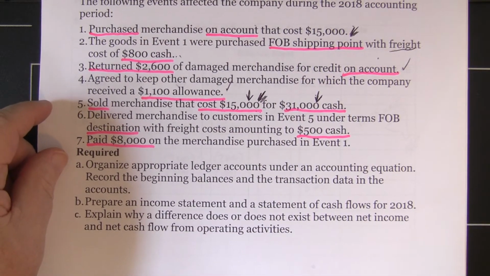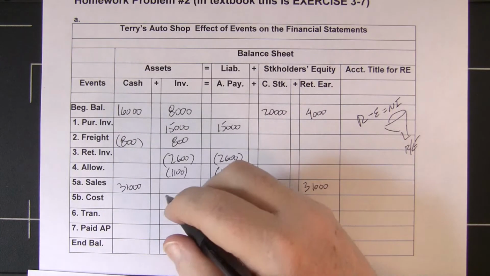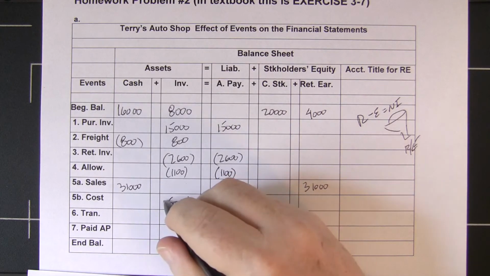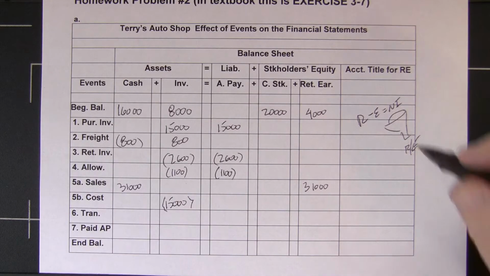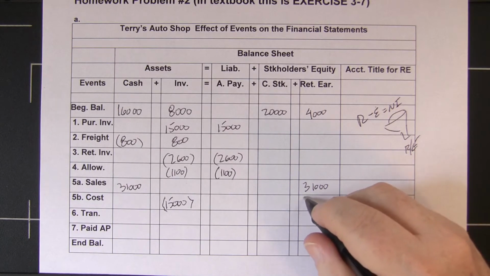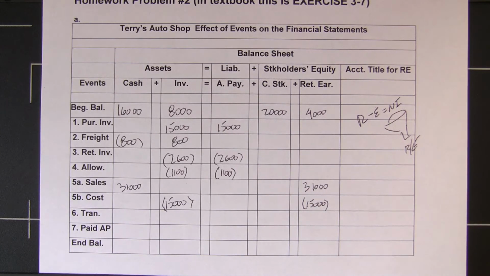We sold it. So the inventory went down by the $15,000. And that's an expense. And again, we know that it's an expense that goes to net income that then goes to retained earnings. They say, no, take it right out of retained earnings. So we say, sure, why not? You're the boss.